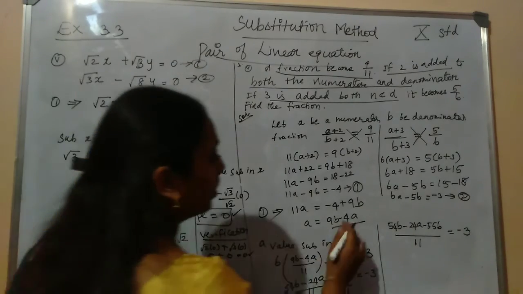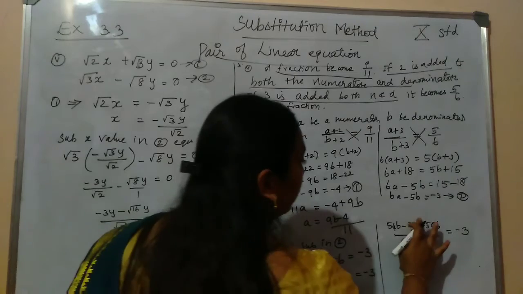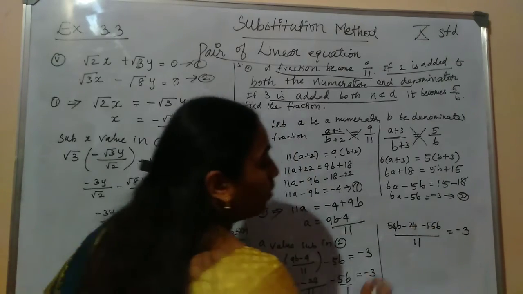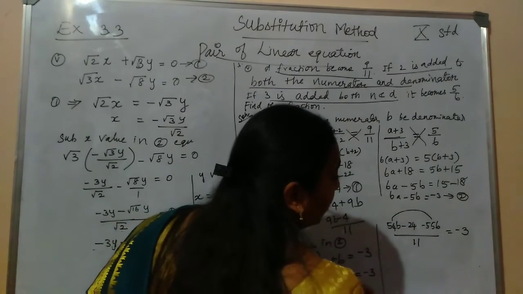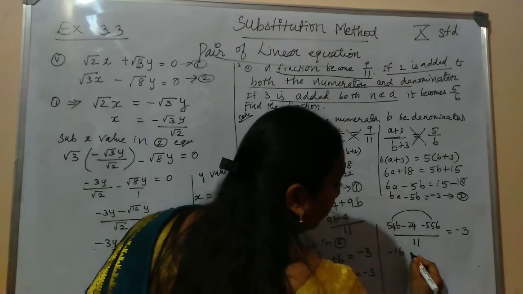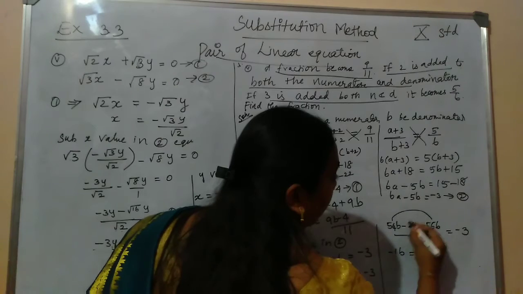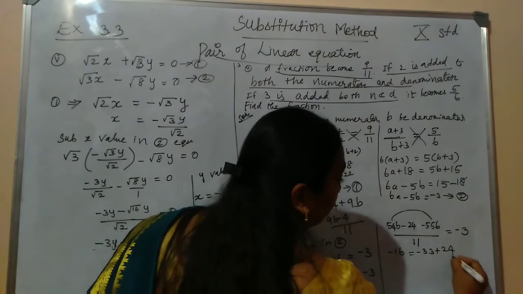Oh sorry, this is only minus 4, it's not a because we found the a value only. Now 54b minus 55b, so 54 minus 55 is minus 1b. That is equal to 11 into 3, minus 33, minus 24 comes out plus 24.